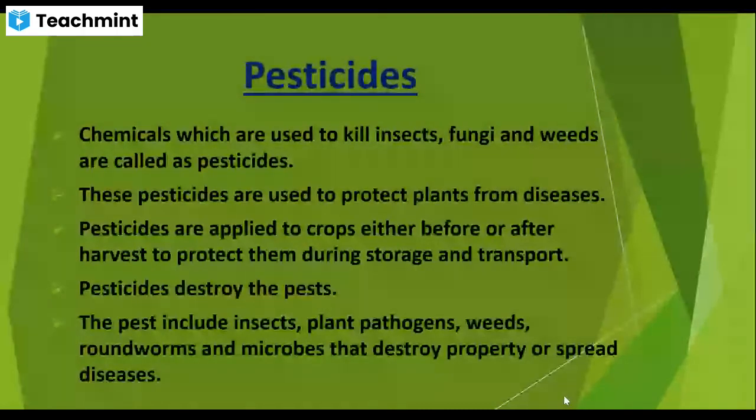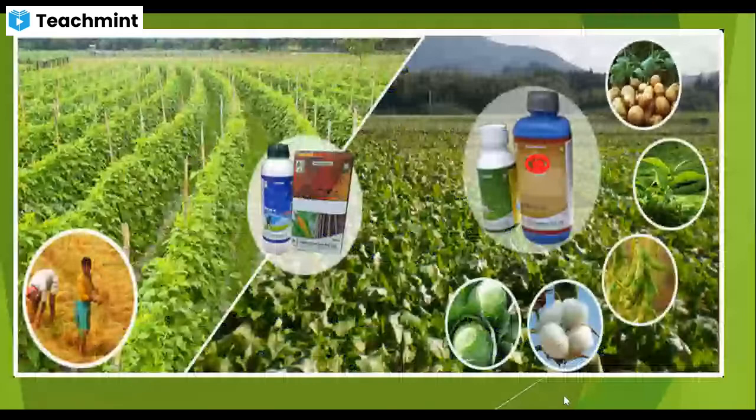So simply, when you want to think about pesticides, this type of image will come in front of you. Here you can see many pesticides, and these are used in agriculture. Here you can see many crops.